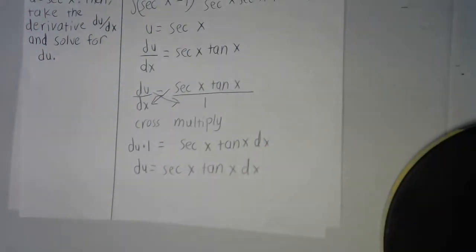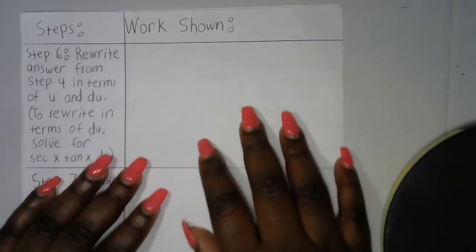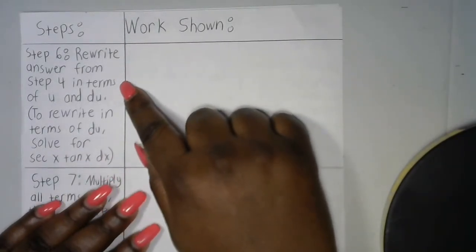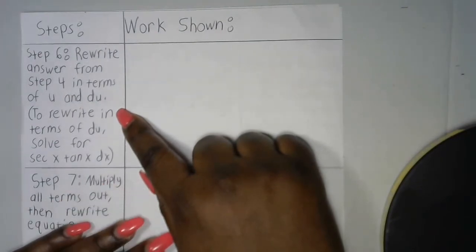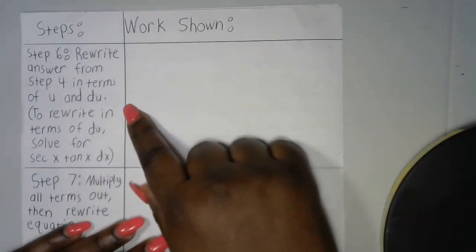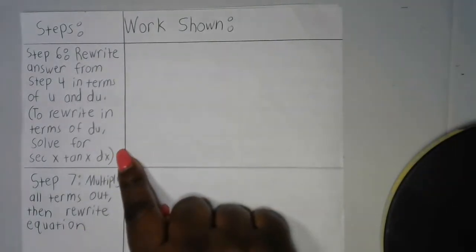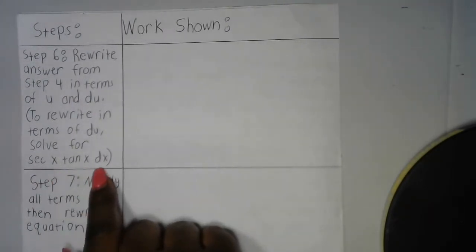Alright, so now let's go to step 6. For step 6, we're going to rewrite the answer from step 4 in terms of u and du. To rewrite it in terms of du, you solve for secant x tan x dx. Now, du is already like that. From step 5, when we solved for du, it was already equal to secant x tan x dx.